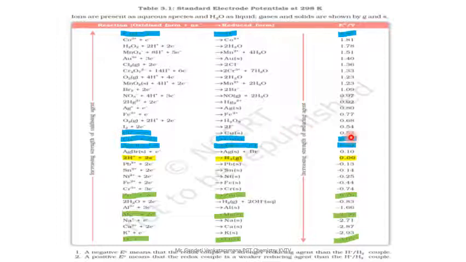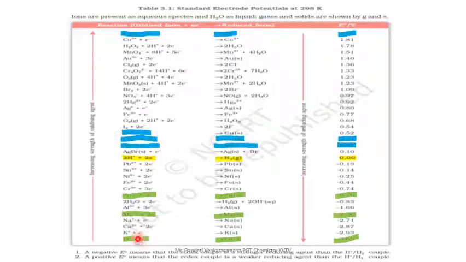Next, hydrogen: 2H plus plus 2 electrons gives H2. The oxidation state goes from +1 to 0, a total change of 2. Similarly, zinc is given, magnesium 2 plus is given here, and lithium, whatever it may be.